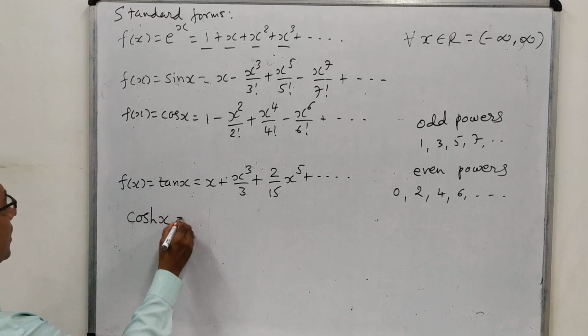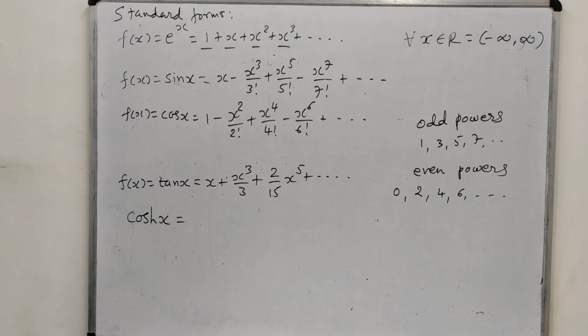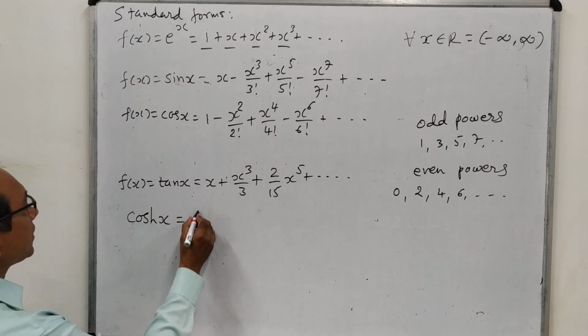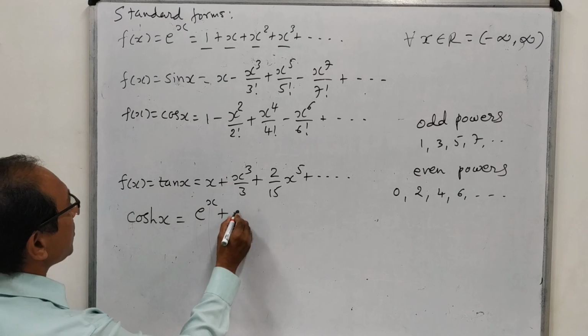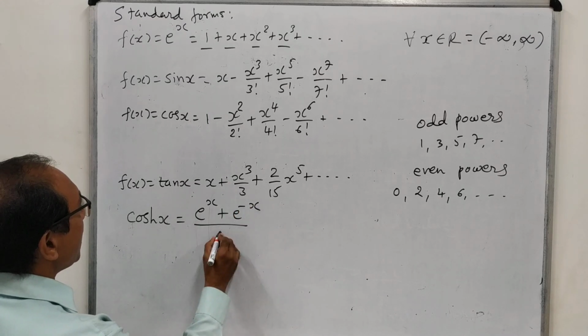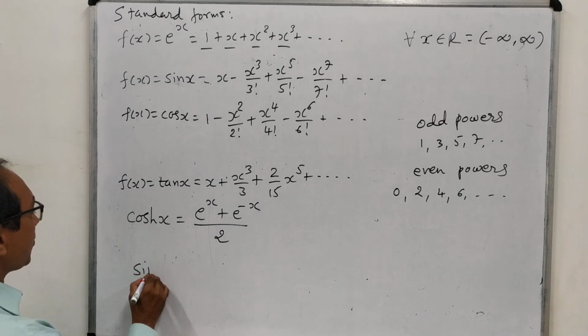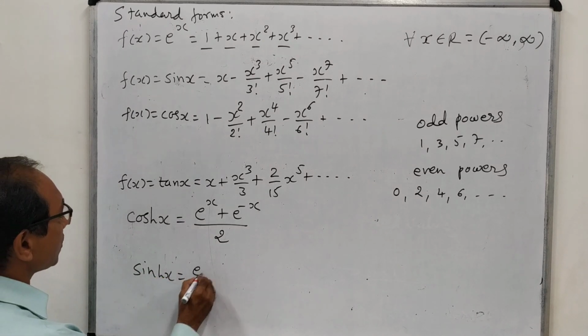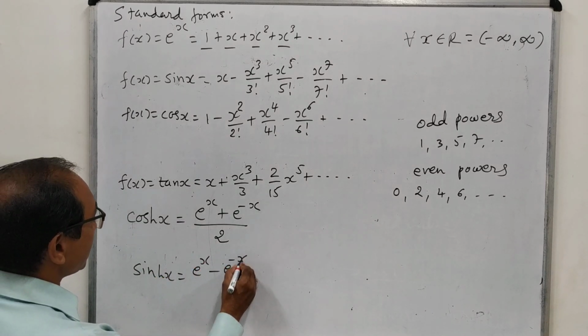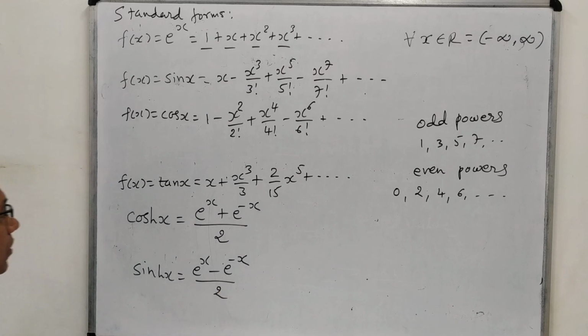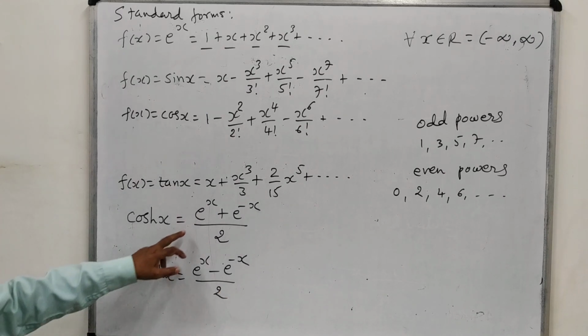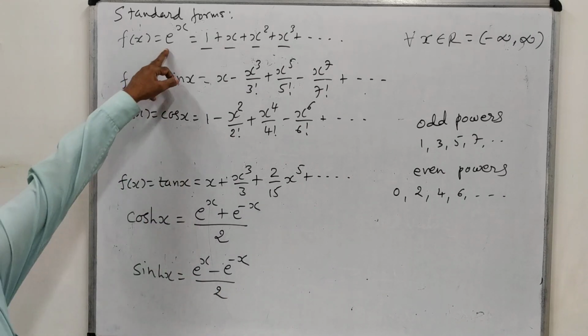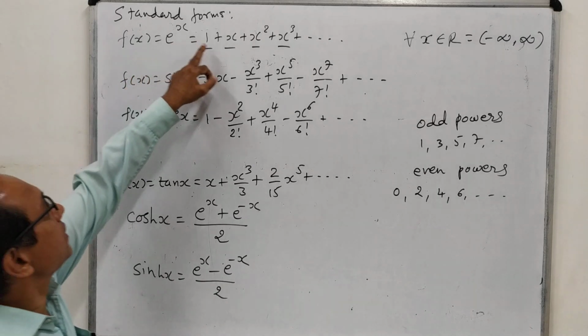And one thing I would like to explain again is that cos hyperbolic x is nothing but e raised to x plus e raised to minus x divided by 2. And sin hyperbolic x is nothing but e raised to x minus e raised to minus x divided by 2. So that series expansion can be obtained by using the first one also, because e raised to x is this series.